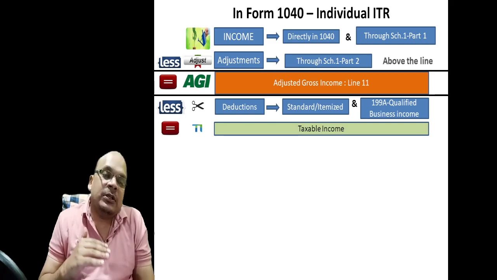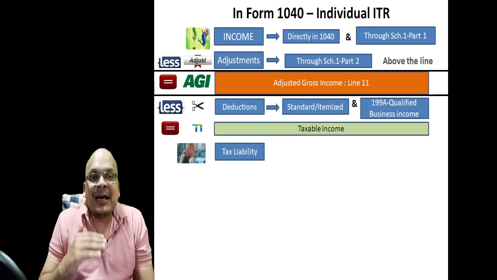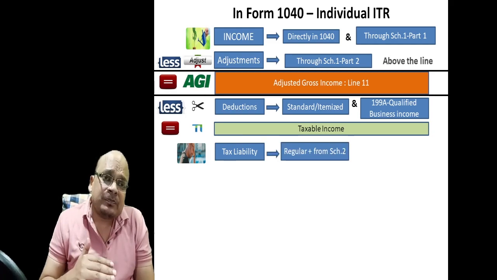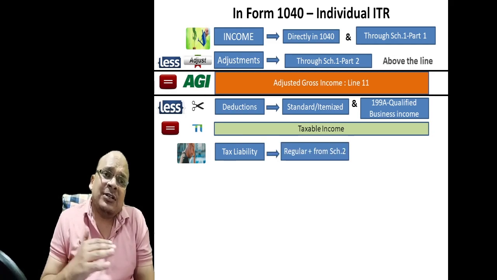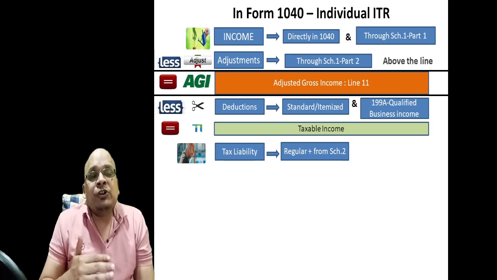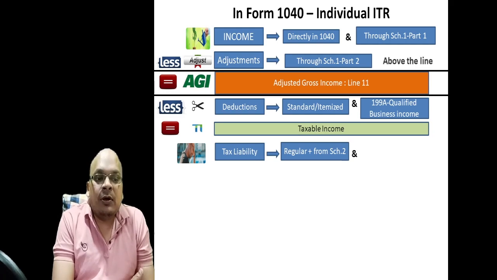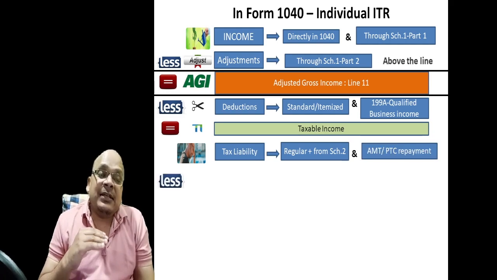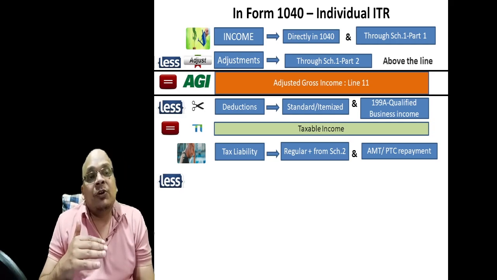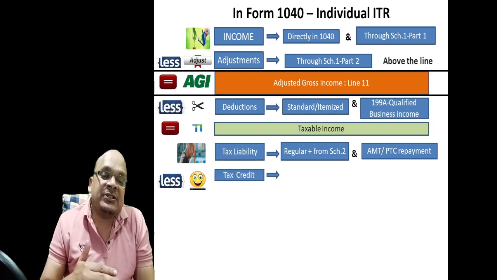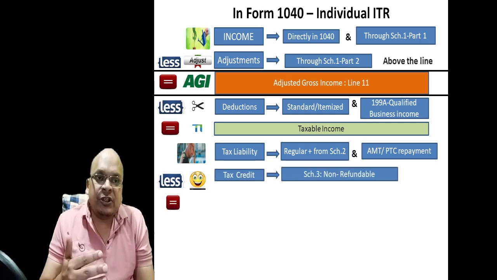Now, to this taxable income, you apply the tax rates as per the slabs applicable for that particular tax year. But also, here, some other taxes are shown to be payable by the taxpayer, due to certain other provisions of the law, right? And there are certain other items which we are not going to talk about right now. And then, because of this tax liability, you apply certain credits at this stage, which are known as non-refundable credits, as mentioned in Schedule 3.